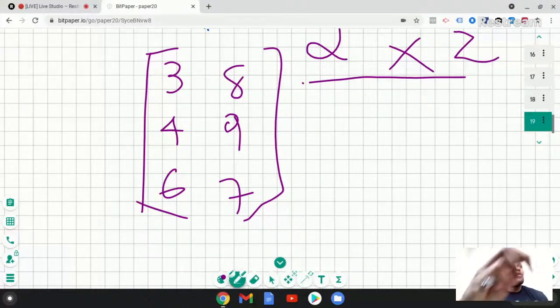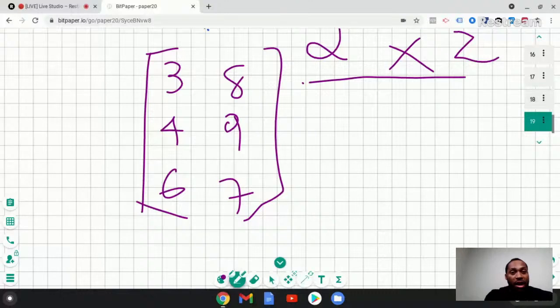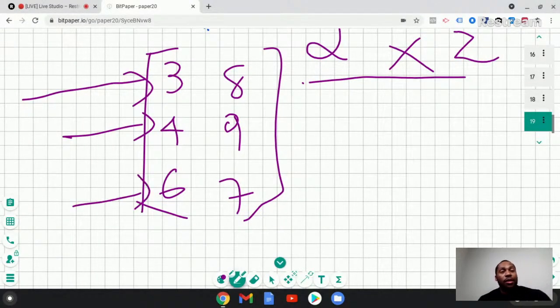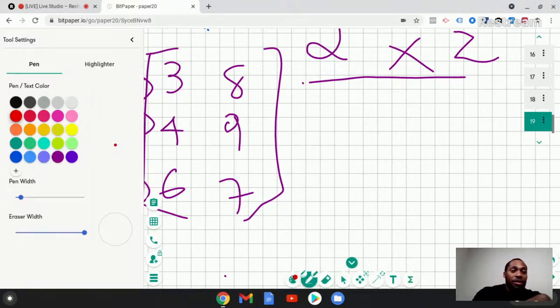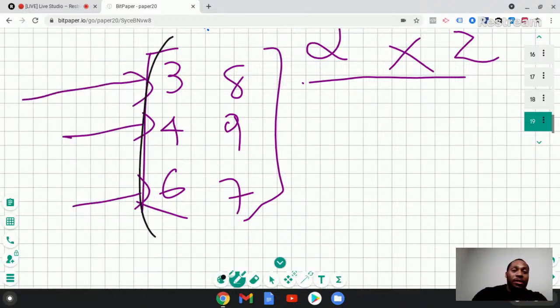We have 3 rows, 1, 2, 3. And how many columns do we have? We have 2 columns. This is the first column, and this is the second column.